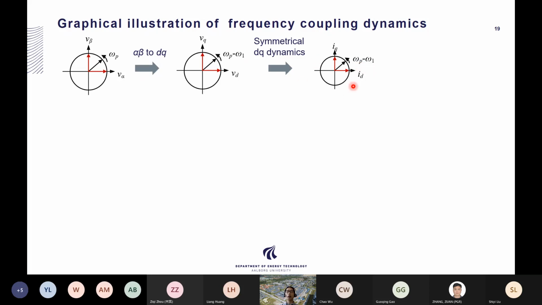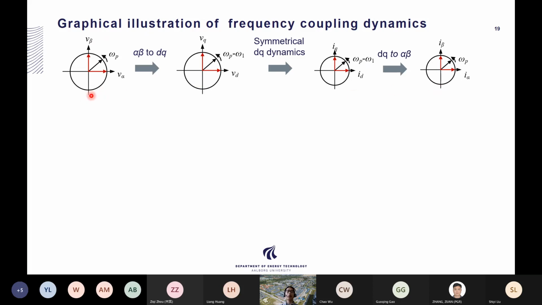So the current response also forms a circle. Then we transform back to the alpha-beta frame. We can see this current response is also at omega p. So basically here, provided the control dynamics is symmetrical in DQ, as long as we inject a voltage perturbation at frequency omega p, the current response will always be at the same frequency. That means single frequency in, single frequency out.